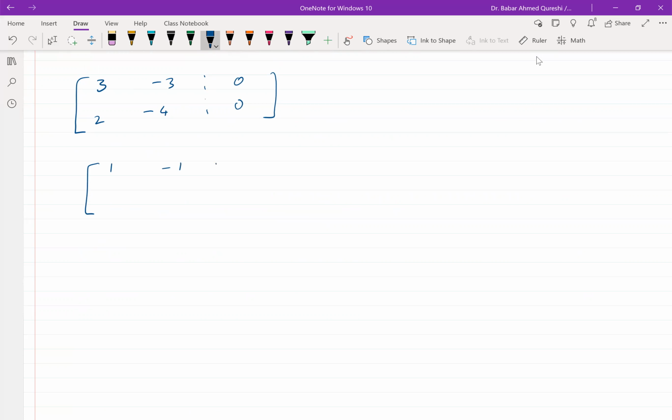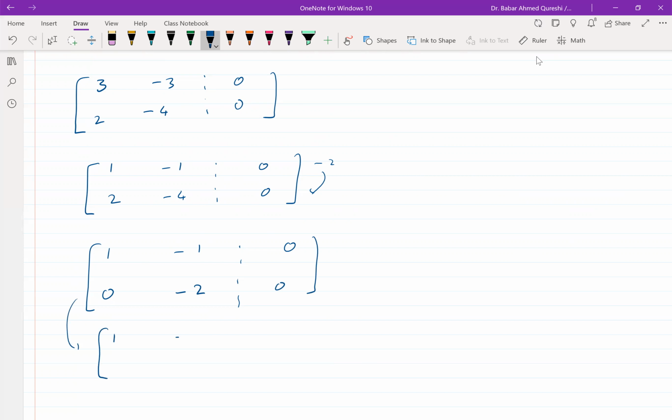So 1 minus 1 dividing by 3, then minus 2 times, add it over here, 0, minus 2 plus 2, this gives me minus 2, then this goes to 0.